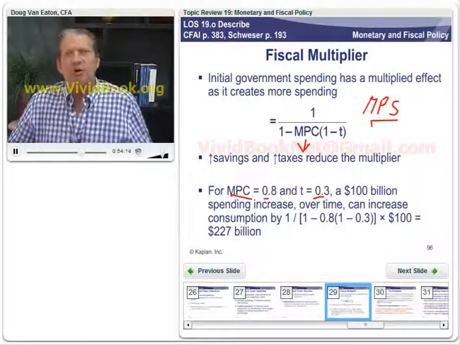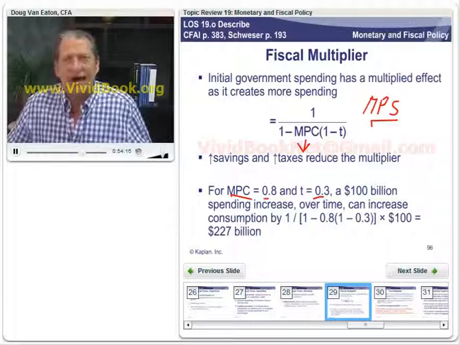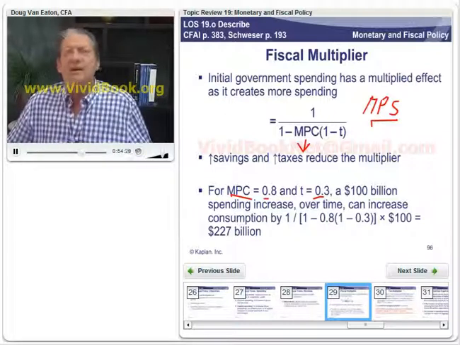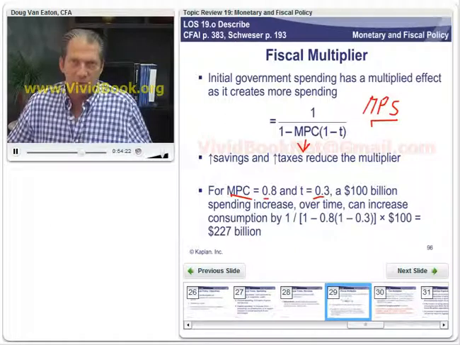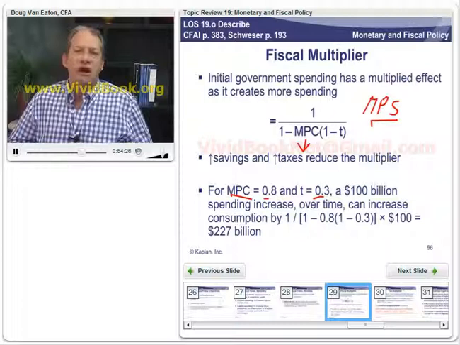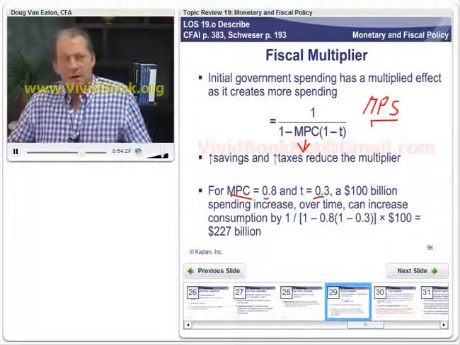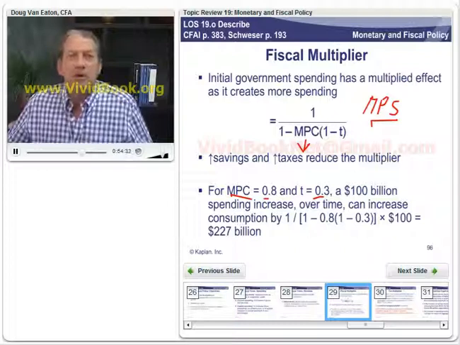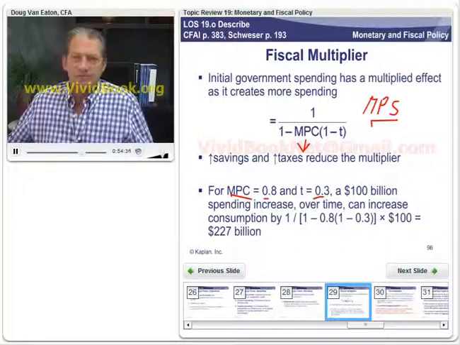And so here that fiscal multiplier is looking a lot like 2.27, because $100 billion in direct federal spending is having this multiplier effect of, over time, increasing economic activity, GDP, by 227 billion.